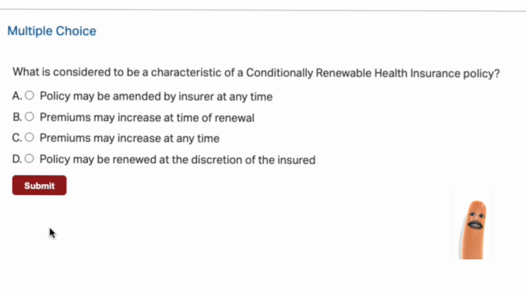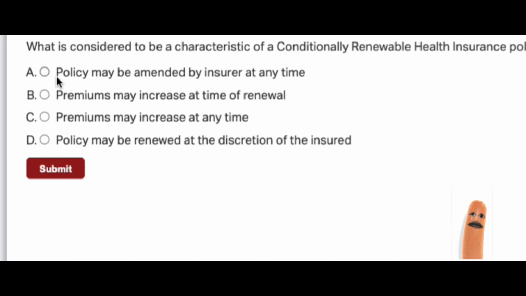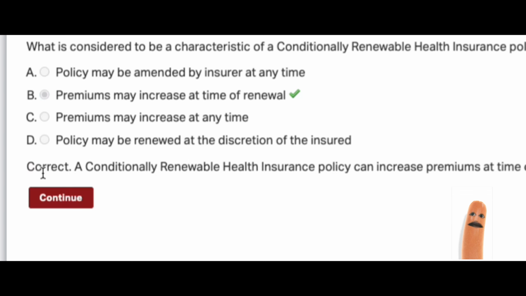D, policies may be renewed at the discretion of the insurer. Conditionally renewable. I'm going with B, Bob. Ding! Correct. A conditionally renewable health insurance policy can increase premiums at time of renewal.